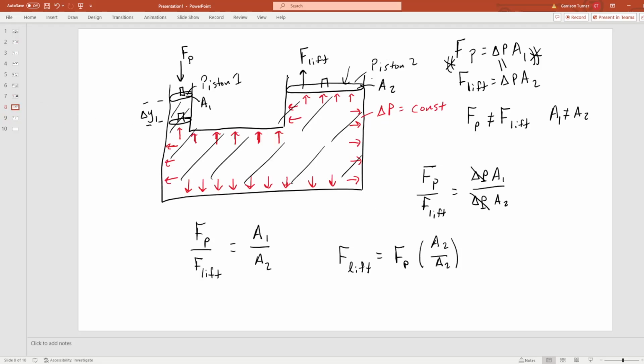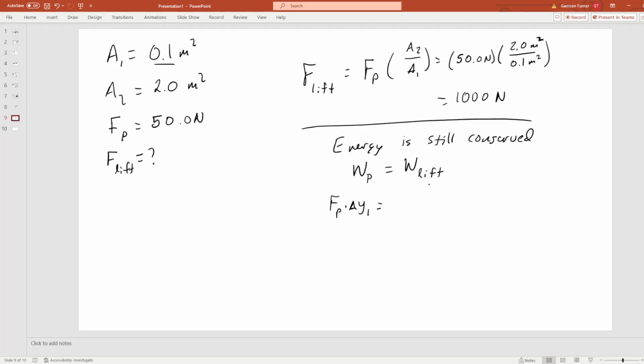So this piston is going to lift some amount delta y2. Okay. And these works have to be equal. So you can't get anything for free, right?